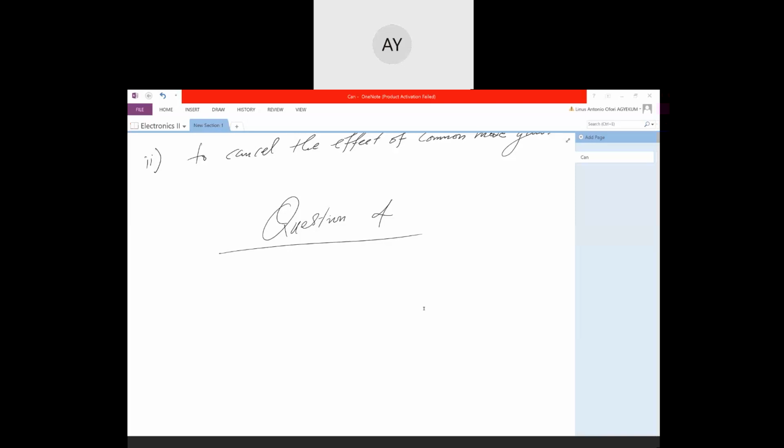So with question 4, the question reads: the following diagram shows a basic signal compression circuit. It is part of a system that is used as a temperature measuring device.